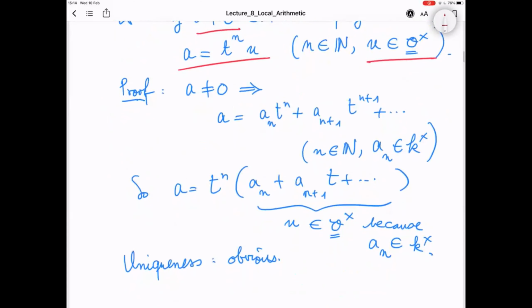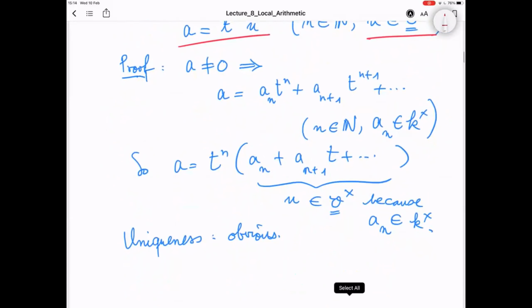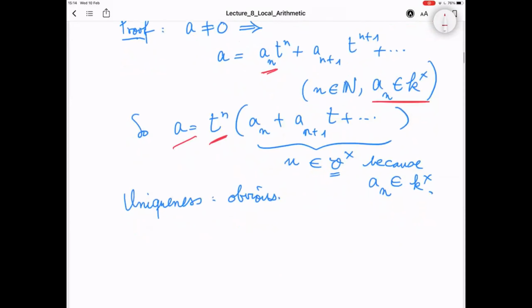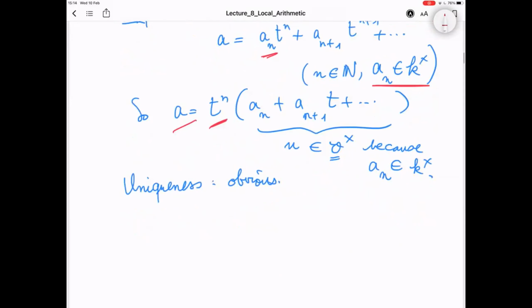Okay, so A is non-zero means that A can be written like this, where this A_n is non-zero, and then of course you can take this t to the n outside and you'll get this thing inside. But this thing inside, let's call it u, is invertible.